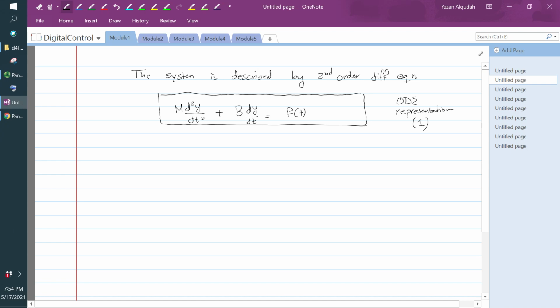Now, in order to solve for the output, which in this case is the displacement y, we need to know the force F of t, and we also need to know the initial conditions. So to solve for y of t, given the force F of t, we need to know the initial conditions.